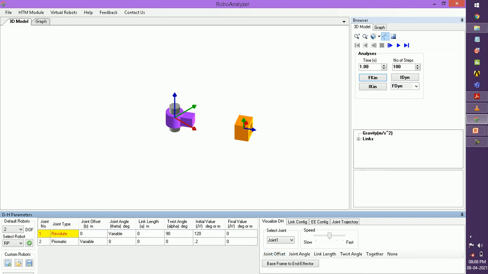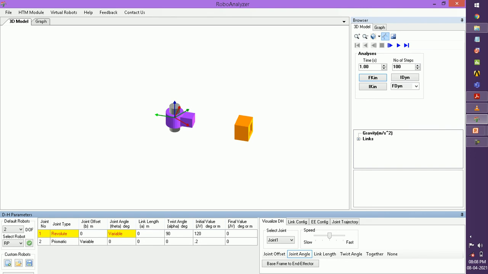In this software, the red axis is the x axis, the blue axis is the z axis, and the green axis is the y axis. Whatever values you are filling, when you click over here, it shows the rotation or the values which we are providing.